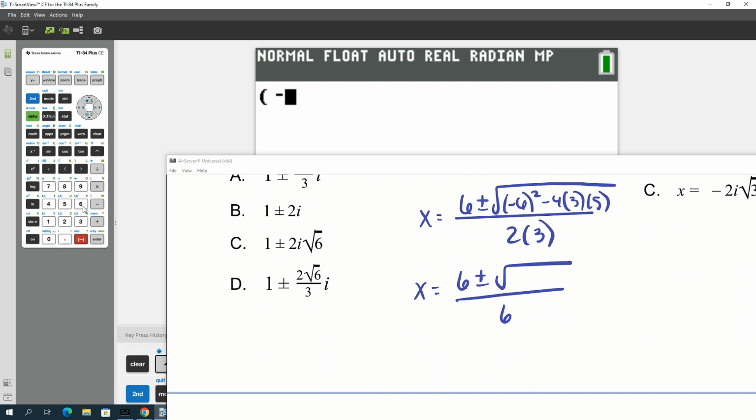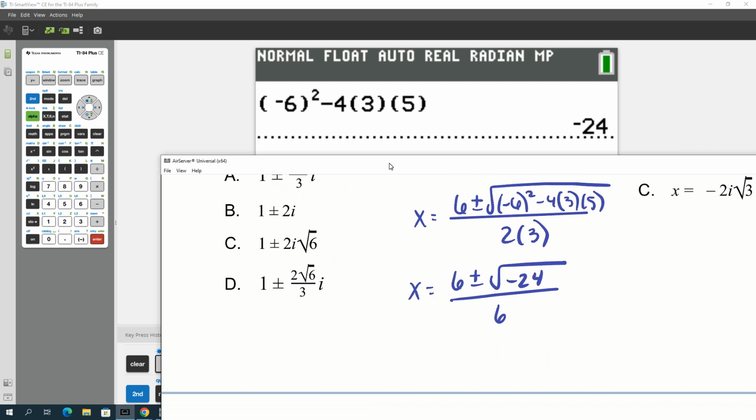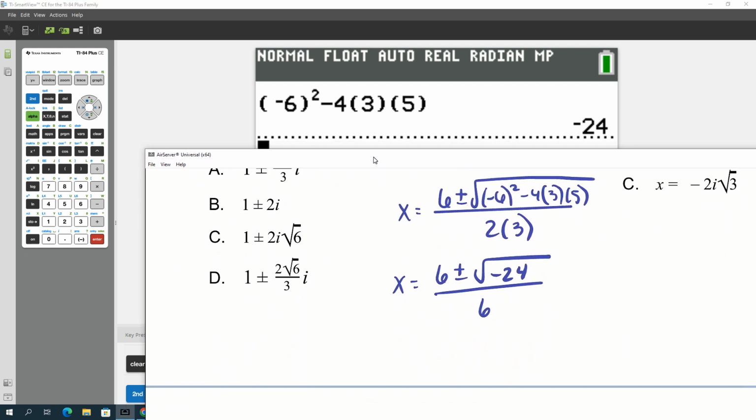So in the calculator, I'm just going to do negative 6 in parentheses squared minus 4 times 3 times 5. Now, if you don't square that negative in the parentheses, your calculator will give you the wrong answer. Okay.